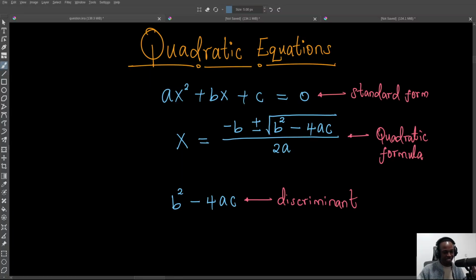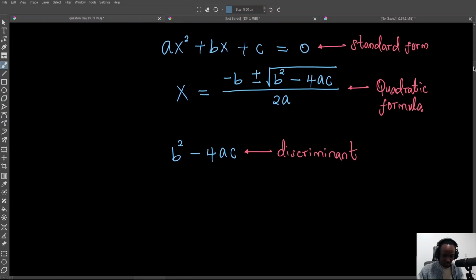So I want you to consider three cases because these are going to be important in our implementation. So what are the cases?